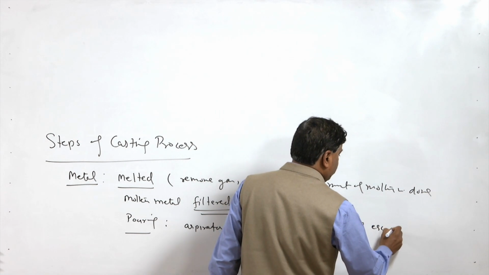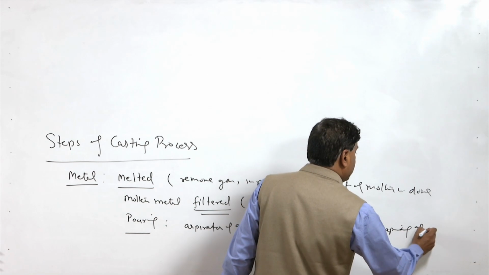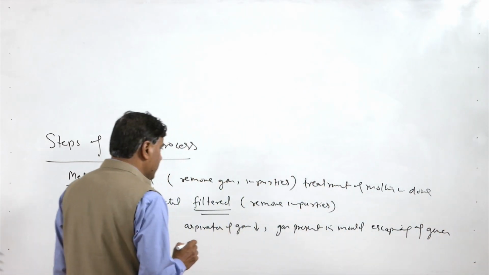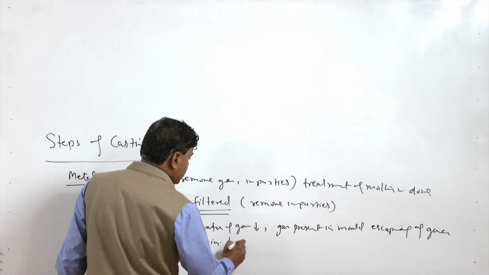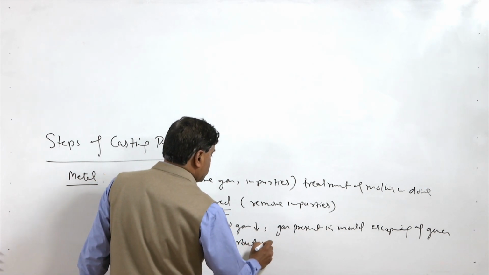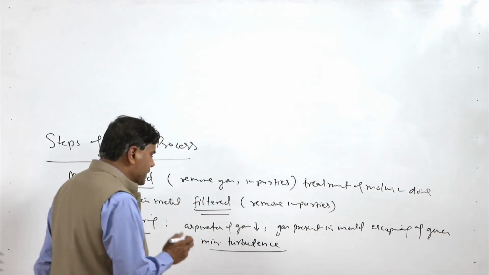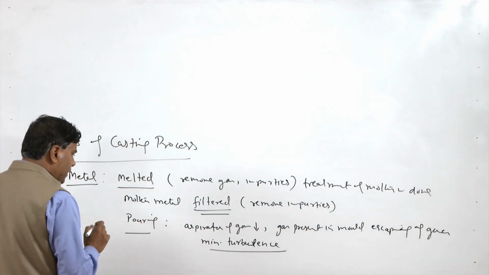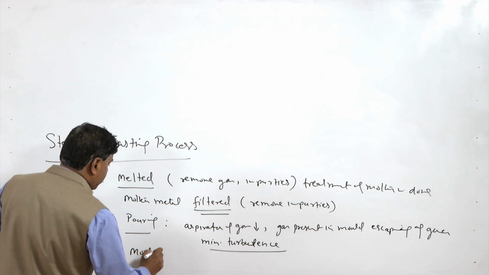Escaping of the gases from the mold is important to avoid gaseous defects, and it happens with minimum turbulence, so that erosion of the mold and interaction with atmospheric gases is minimum. So, these are the things which are kept in mind while pouring. Then pouring into the mold.